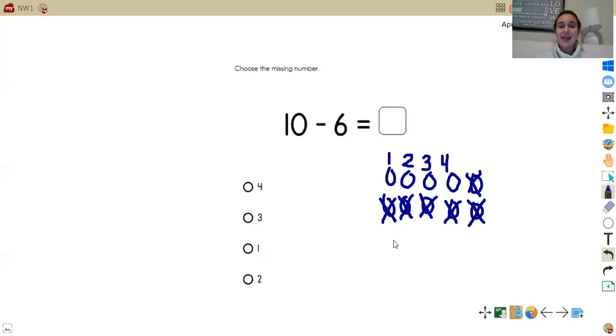So I see that 10 minus 6 equals the number 4. So our correct answer is 4. Nice job, everyone.